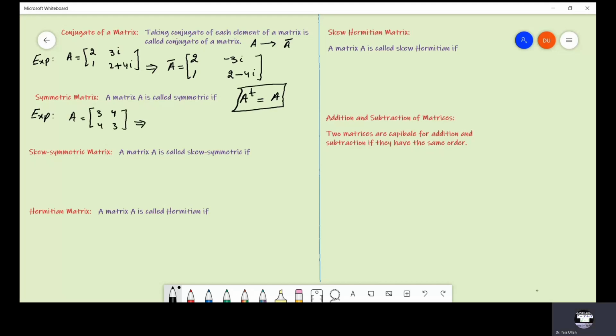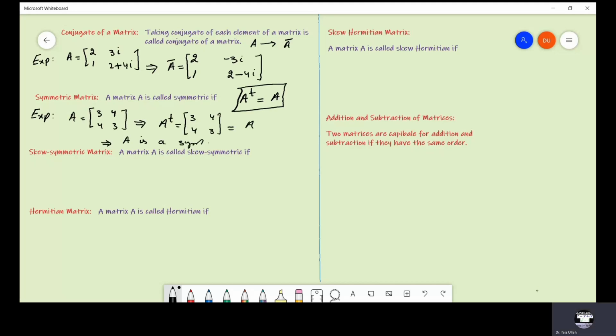Now let us take its transpose. So A transpose is equal to, let us write first row in first column and second row in second column. And you can see this is again equal to A. So A transpose is equal to A, meaning A is a symmetric matrix.